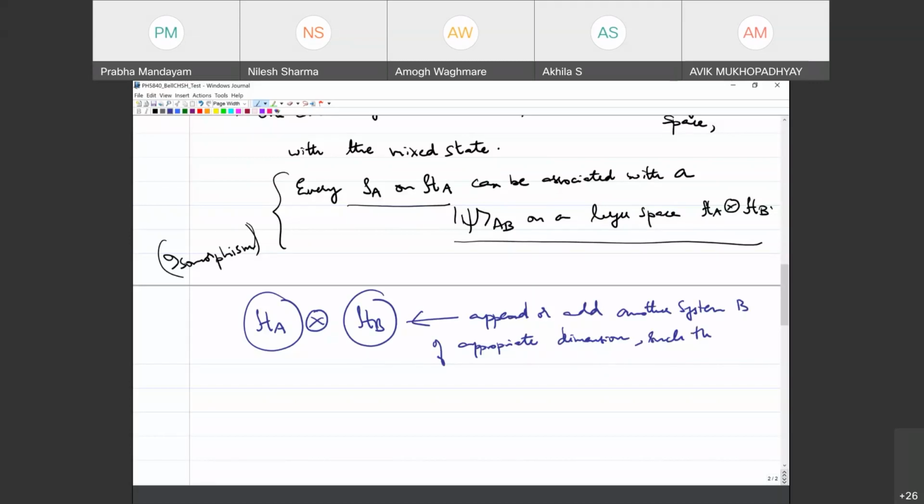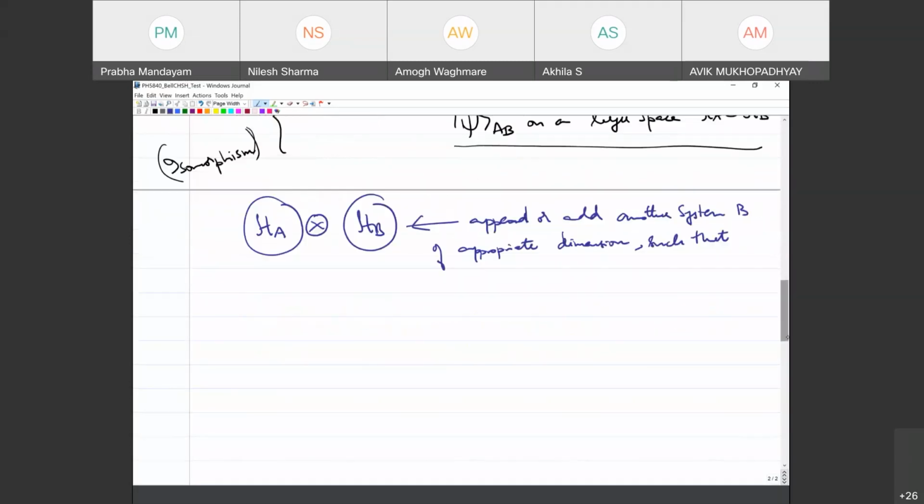such that there exists a psi AB which belongs to HA tensor HB, whose marginal, obviously. So what does it mean to say I associate a density operator on a smaller system to a pure state on a larger system? How does that equivalence work?